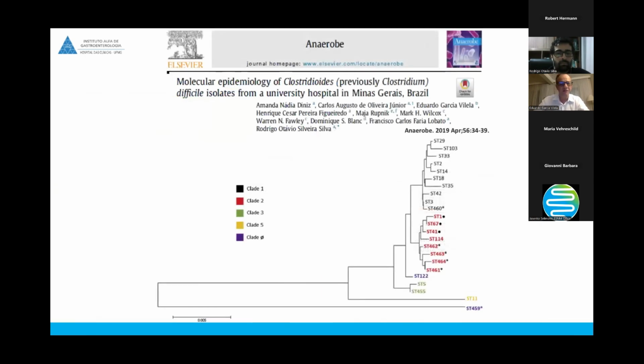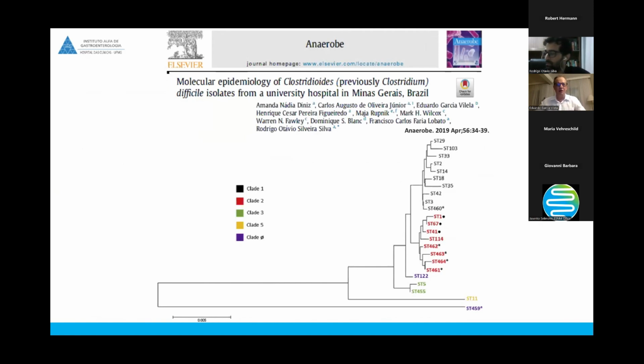And we have some peculiarity of infection here, because here in Brazil, we have isolated just 2 patients with ribotype 027.